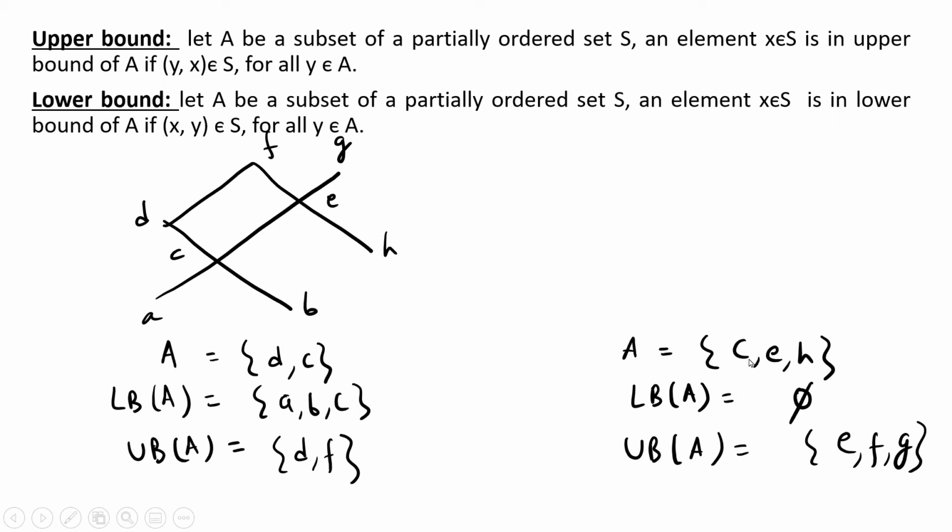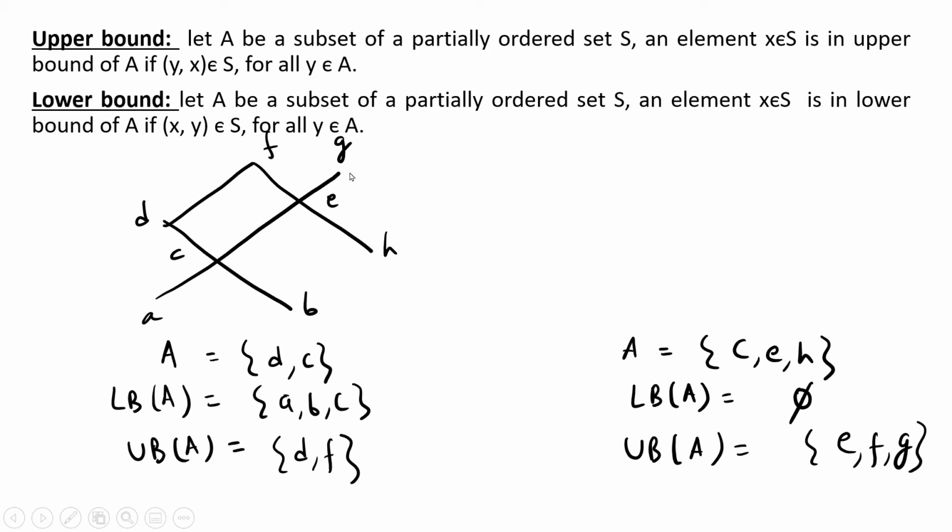So for the set {C, E, H}, the upper bound would be: E is related with F, H is related with F, then E is related with G, E is related with F, and C is related with E and related with F. So F is an upper bound.